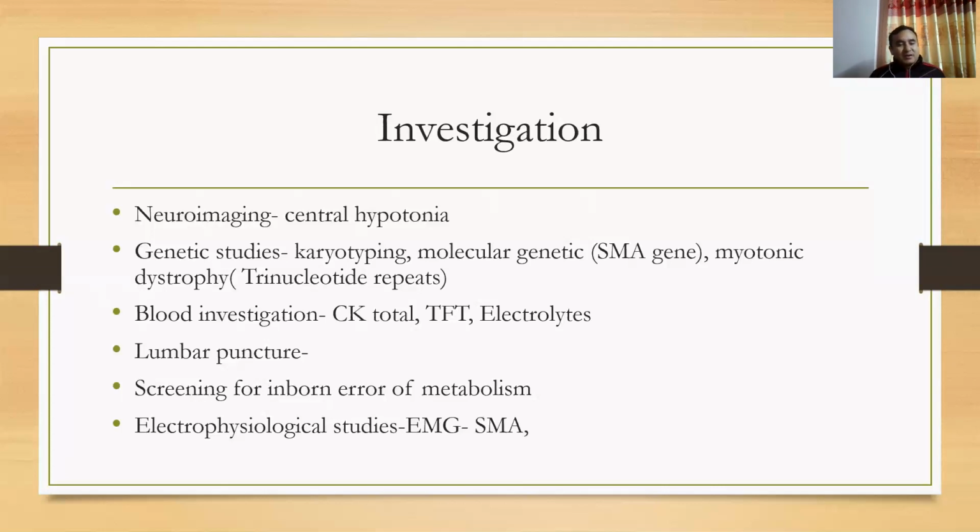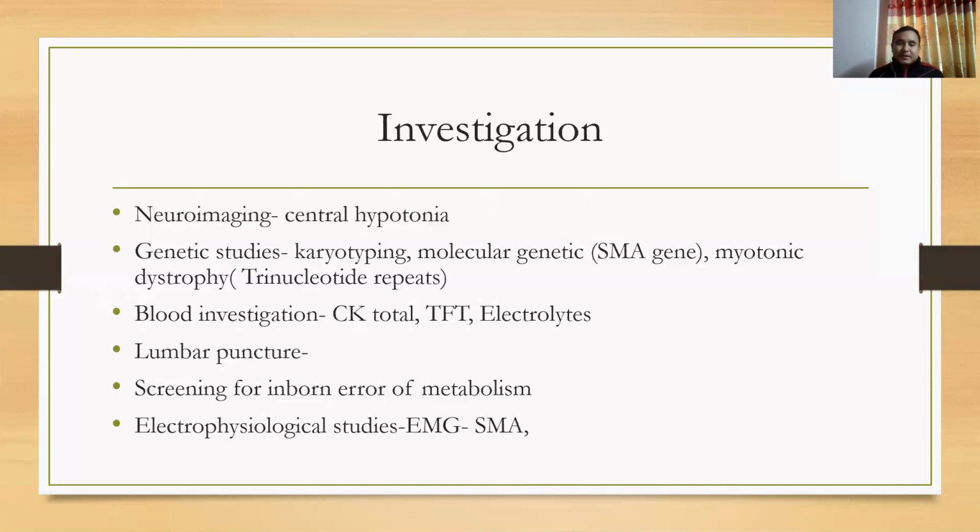Another important test that we can perform is screening for inborn errors of metabolism. The clue is that the child is absolutely normal on day 1 of birth, but after day 2 or day 3 the child becomes hypotonic. Then we have to send for inborn errors of metabolism, for which you can use tests like tandem mass spectrometry and urine for reducing sugar.